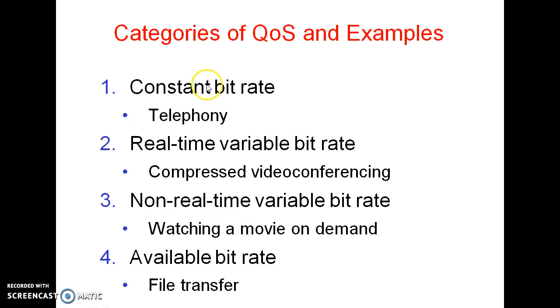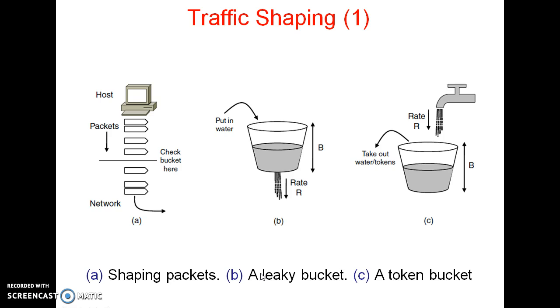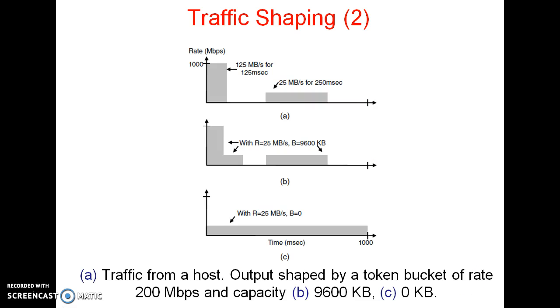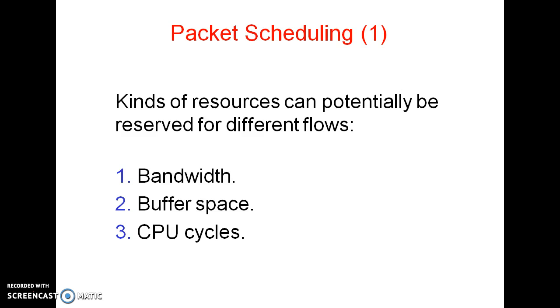Categories of quality of service: constant bitrate, real-time variable bitrate, non-real-time variable bitrate, available bitrate. This is traffic shaping: a leaky bucket, a token bucket. Packet scheduling: kinds of resources that can potentially be reserved for different flows are bandwidth, buffer space, CPU cycles.